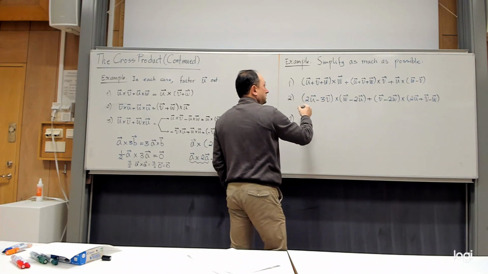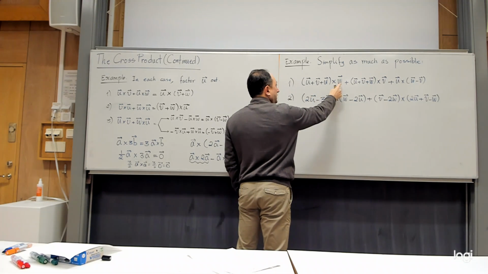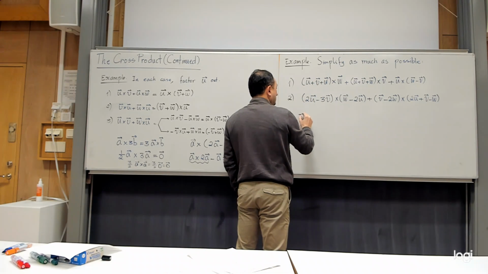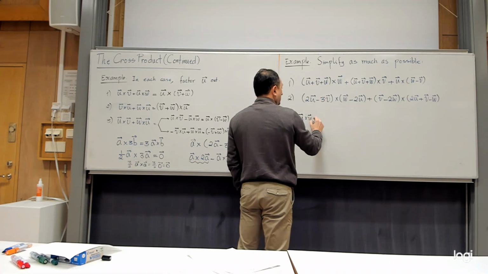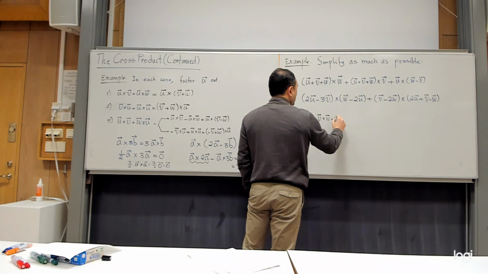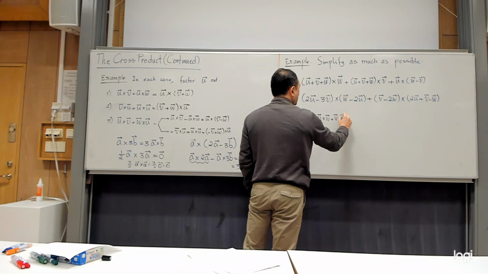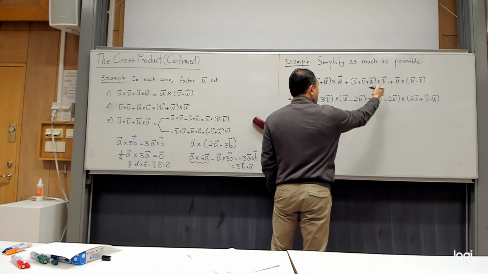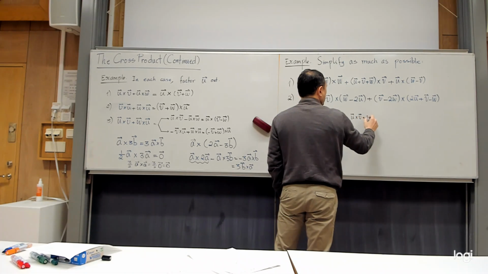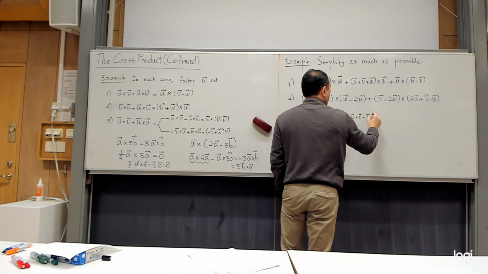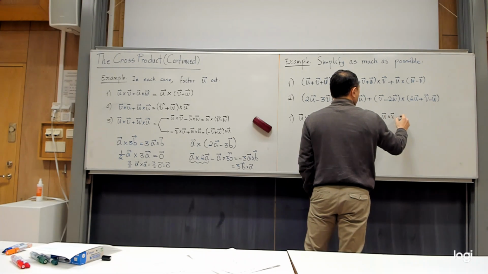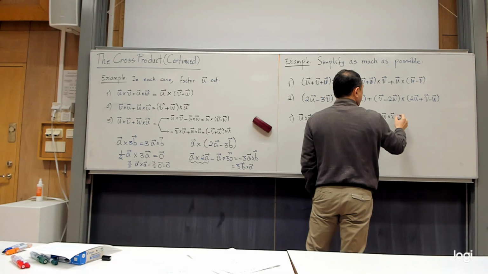we start using the distributivity, but I have to distribute always from the right. So this becomes U cross W plus V cross W plus W cross W. And then the next one, plus I distribute this one inside, U cross V, V cross V, and then we have W cross V. And then I will distribute this one, but this time from the left.